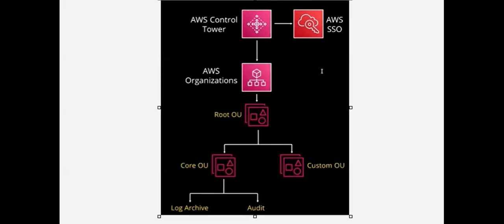In this video, we have already seen how to create this organization by using Control Tower, with the root organizational unit, core organizational unit, custom organizational unit, log archive account, and audit account. We provided BTech Spark like that, some email. Like that, we can configure all these things. We can also see the retention period of our data under S3.